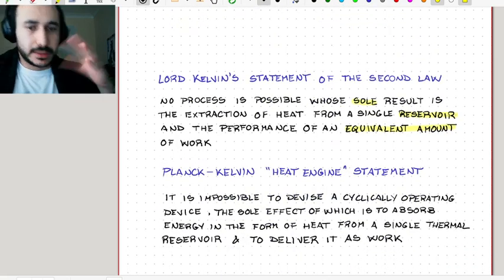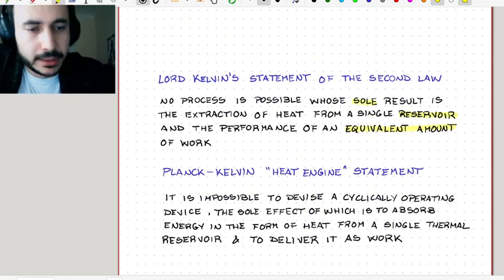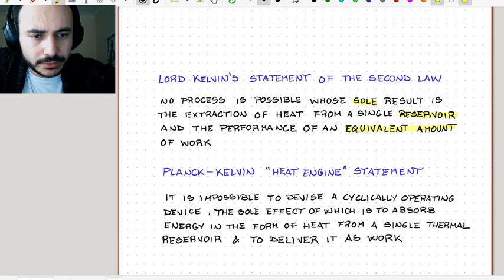This is my version of the Planck-Kelvin, or the Kelvin-Planck, or the heat engine statement of the second law of thermodynamics. And it says that it is impossible to devise a cyclically operating device, the sole effect of which is to absorb energy in the form of heat from a single thermal reservoir and to deliver it as work. Okay?